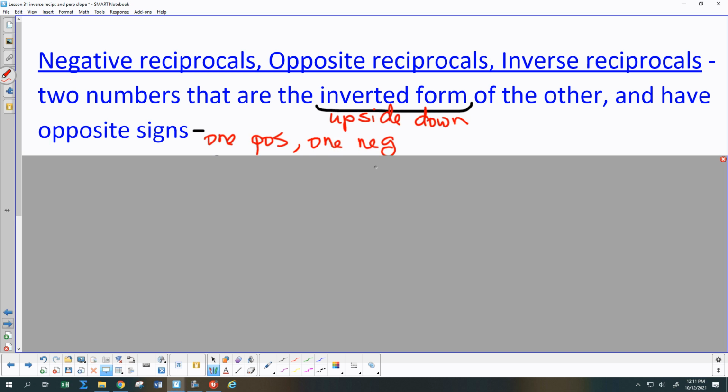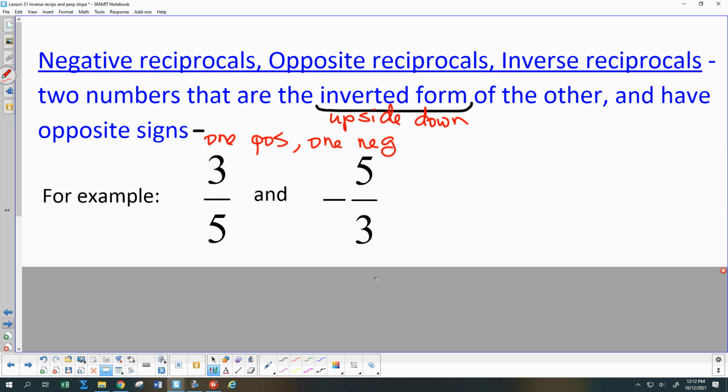Also, we sometimes say opposite reciprocals, sometimes inverse reciprocals. Now, before I do that, let's just get some other examples up there.